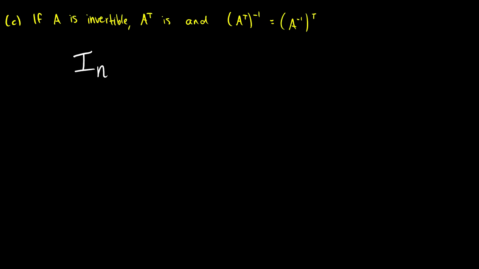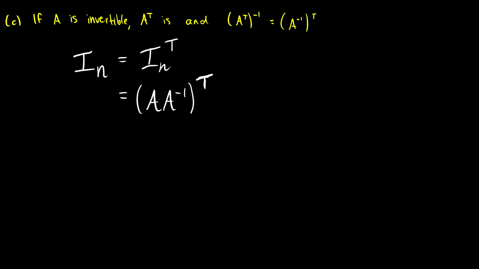And a nice property of the identity matrix is that it's equal to its transpose. So the identity matrix is equal to the transpose of the identity matrix. And we also know the identity matrix is equal to A times A inverse. And of course, this is the transpose of that.